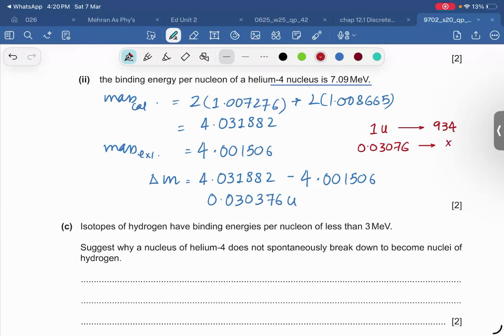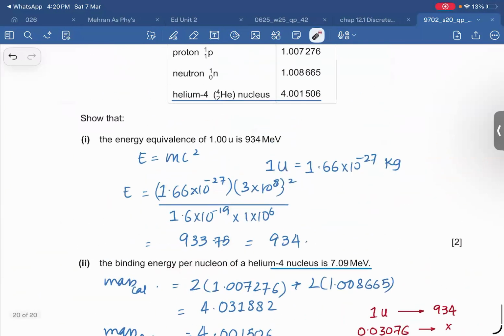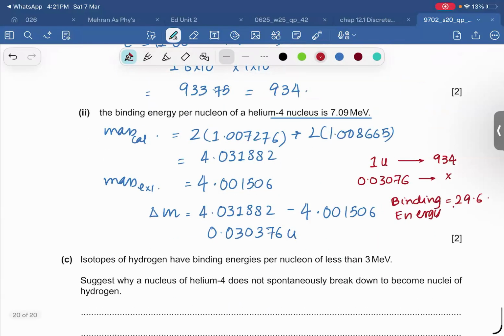Just do the cross multiplication. That gives you the binding energy, 29.6. But they're asking for per nucleon. We have 4 nucleons in helium, so just divide by 4 to get the binding energy per nucleon.